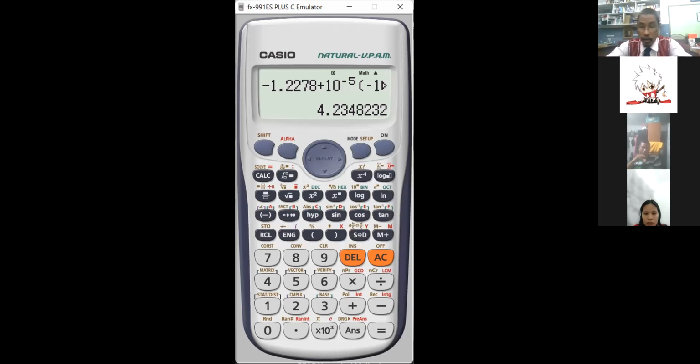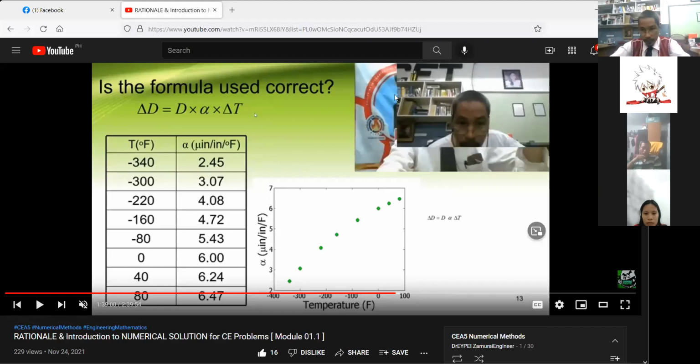So in this example, there is also some error because our answer is 4.23, which is not in between. 4.23 is not in between 4.72 and 5.43. Right? So there is something wrong with the calculation of this.